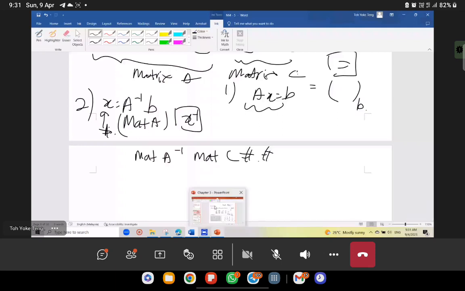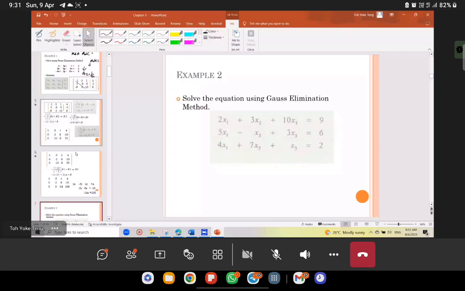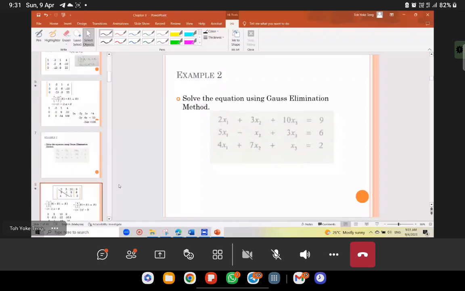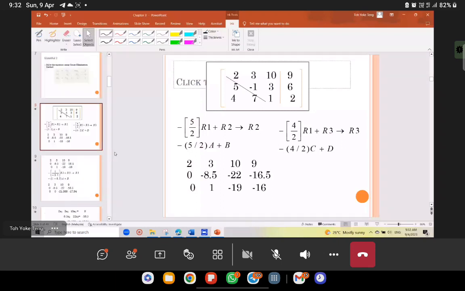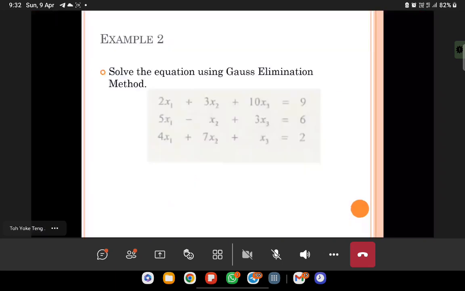For example 2, just refer to the slide. You may have a try on your own due to the time limitations. Maybe I am unable to show you all the examples here. So this one, maybe you can have a try on your own.